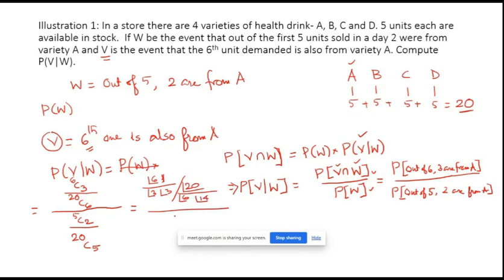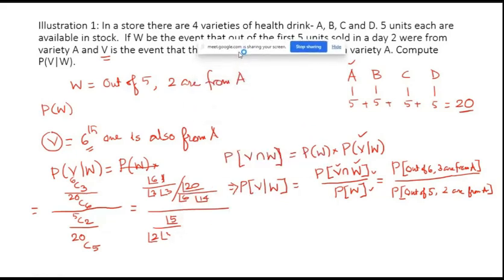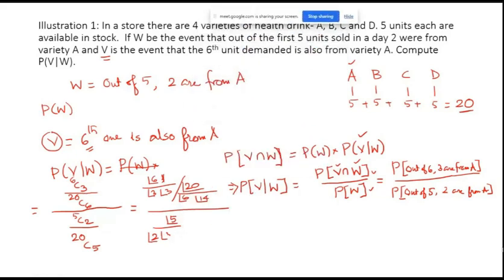Whole thing divided by 5C2, that is 5 factorial, 2 factorial and 3 factorial, and then 20 factorial, 5 factorial, and 20 minus 5 is 15 factorial.